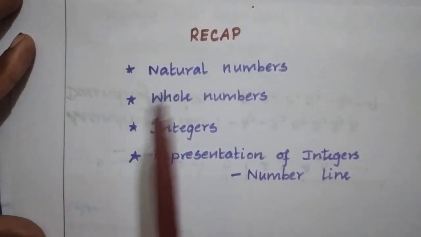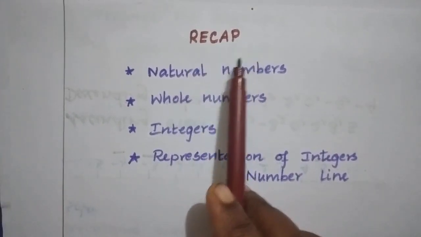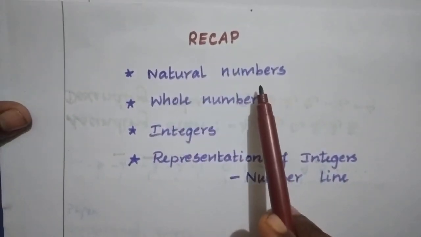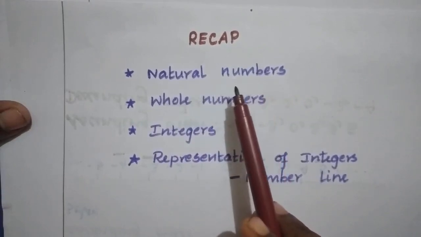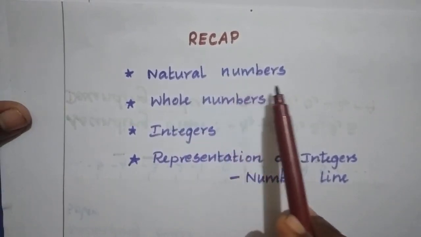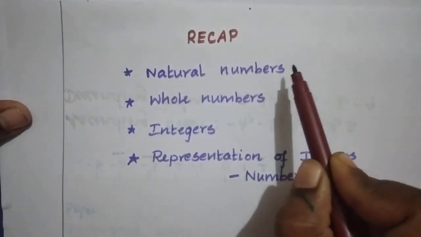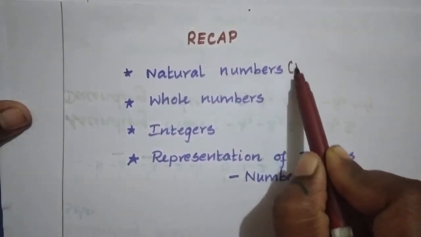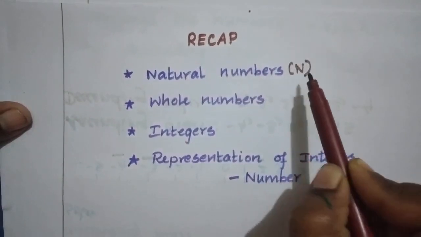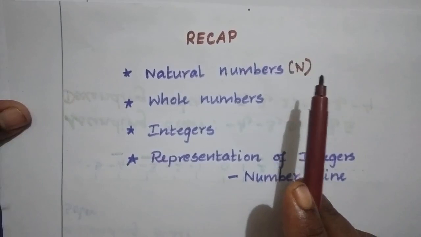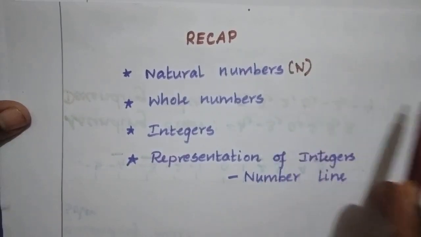Let us have a small recap of what we have learned in today's class. Natural numbers. All numbers 1, 2, 3, 4 and so on are called natural numbers. Natural numbers are denoted by the symbol capital N, and 1 is the smallest natural number and there is no greatest natural number.